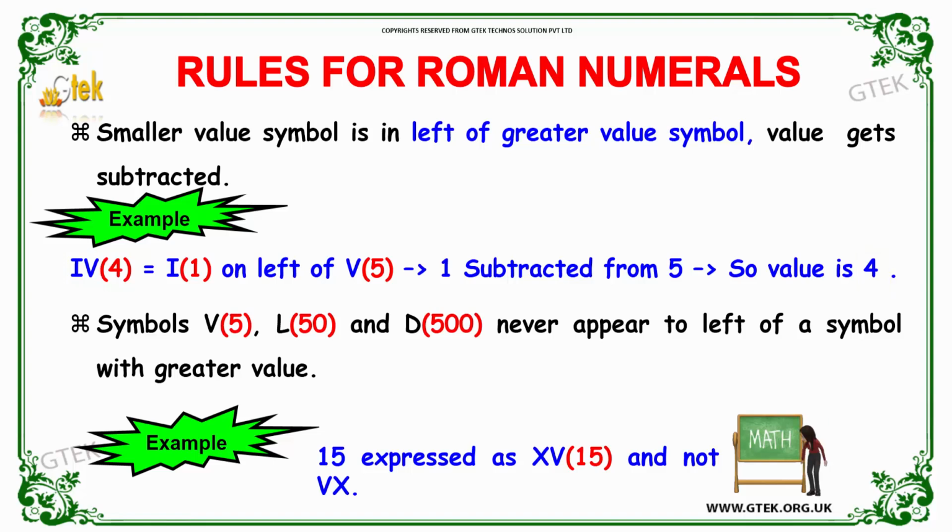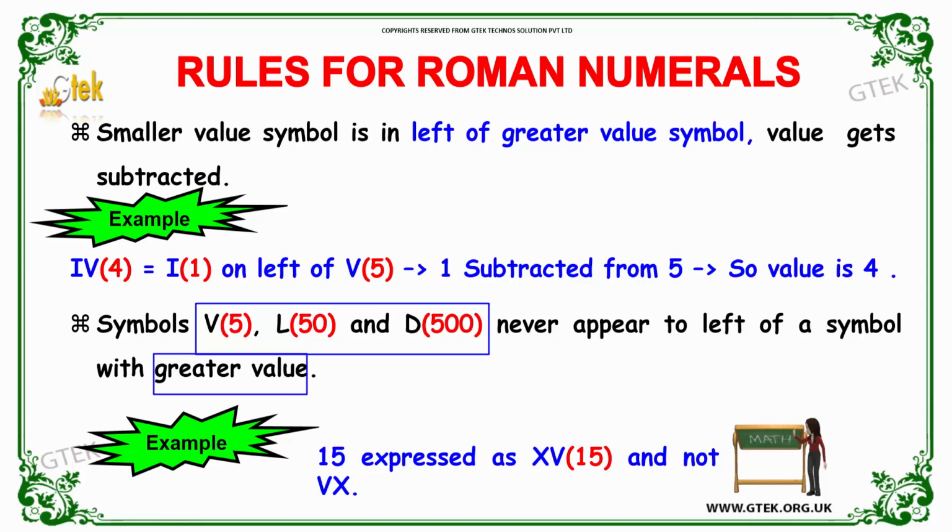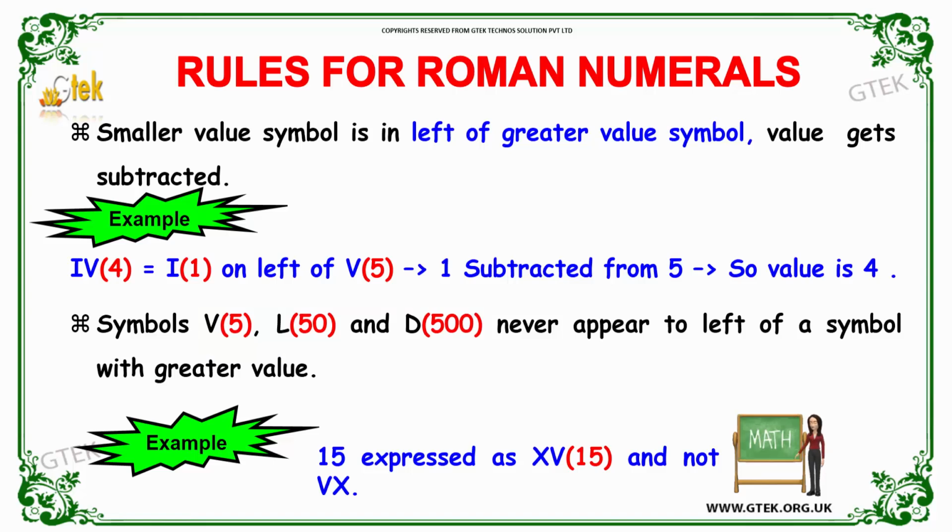If you see the symbols 5, 50 and 500, which are V, L and D, never appear to the left of a symbol with a greater value. Let us see an example to make this point clear. 15 is represented in Roman numerals as XV.